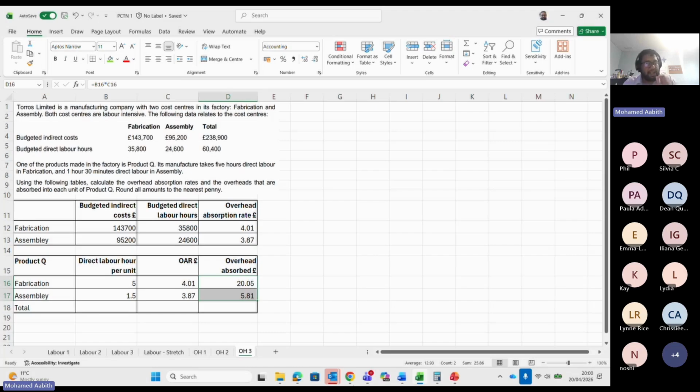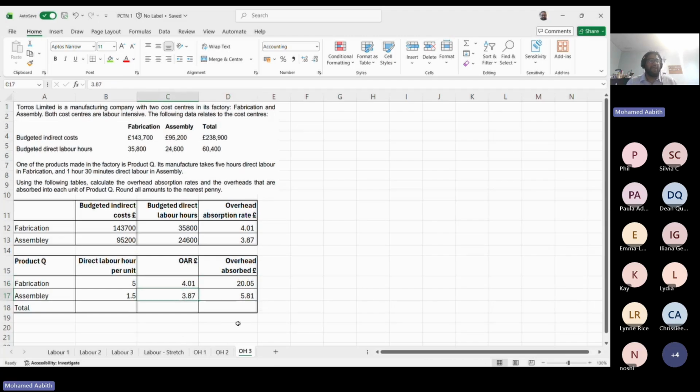Remember, guys, in the computer, it works out the decimals for you. But in real life, you use whatever number we have put down as the OAR. The rate is not changed for any other thing, because this is the rate we charge per labor hour. This is not what we pay our labor. Please remember that.